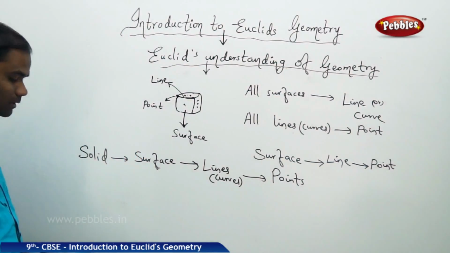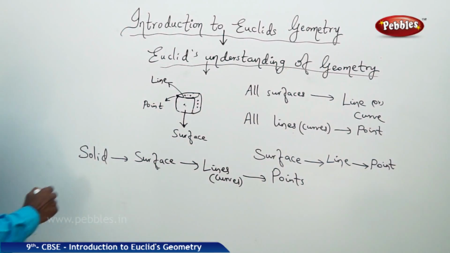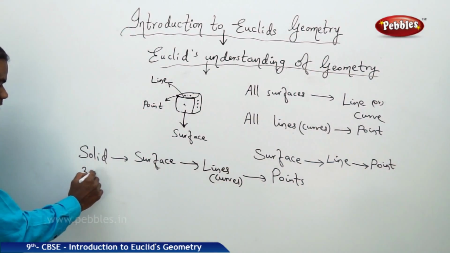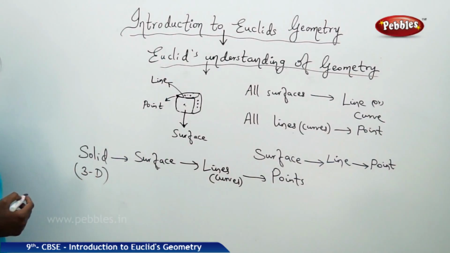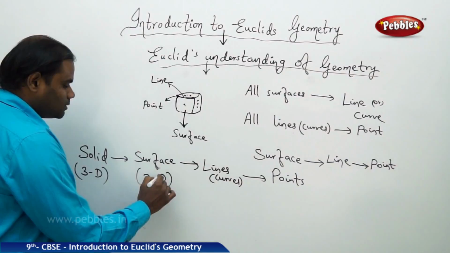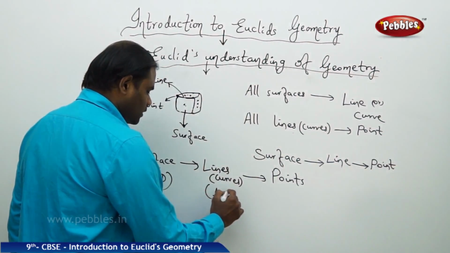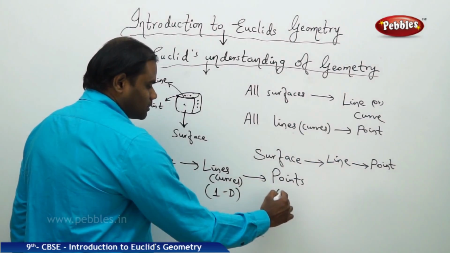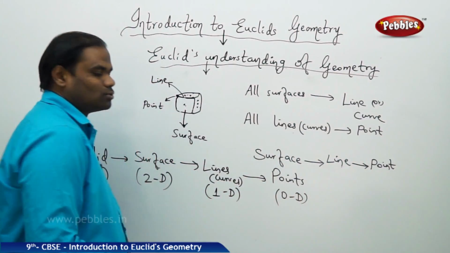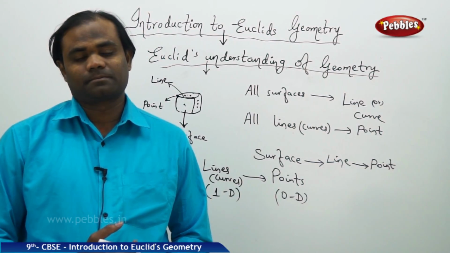Also, let's make the most important note in this case, that a solid is referred to as a 3-dimensional structure. A surface is referred to as a 2-dimensional structure, and a line is referred to as a 1-dimensional structure. A point is referred to as a 0-dimensional or no-dimensional structure.